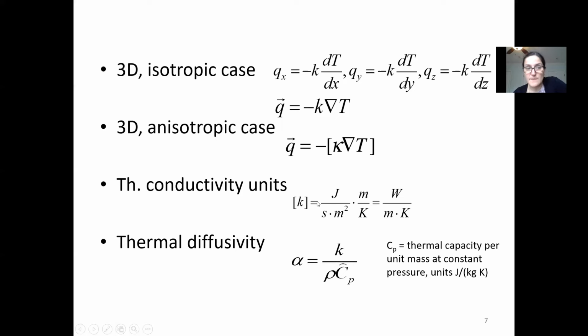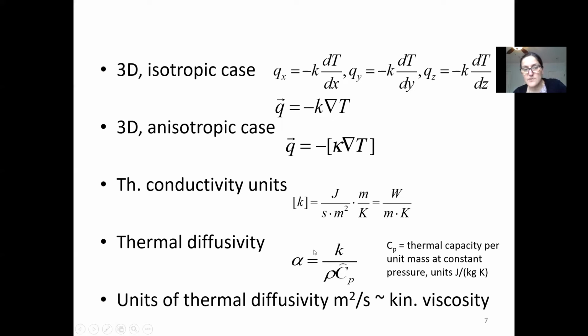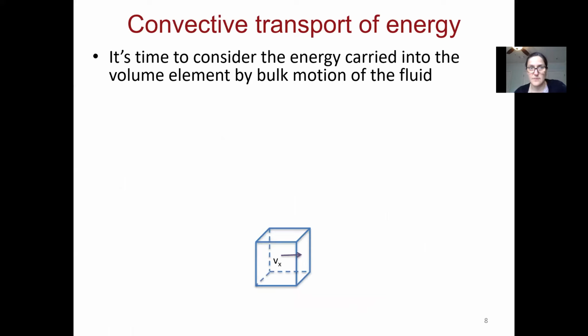Now we can also normalize thermal conductivity. If I normalize it by density and the thermal capacity of the material, then I'm going to get a normalized thermal diffusivity. The units of that are meters squared per second, which are the same as kinematic viscosity, so they can be compared, and that's going to be one of the comparisons we're going to make.